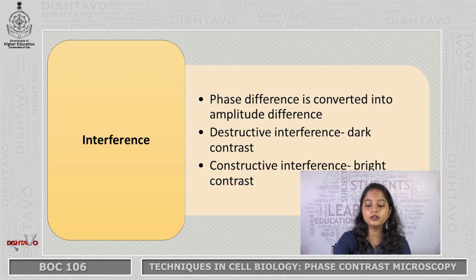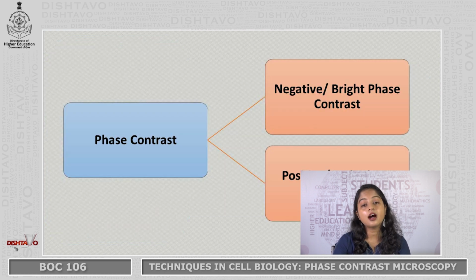Now a dark contrast is also called positive or dark phase contrast microscopy, and negative contrast is also called bright phase contrast microscopy. In negative or bright phase contrast, the specimen appears brighter than the background.